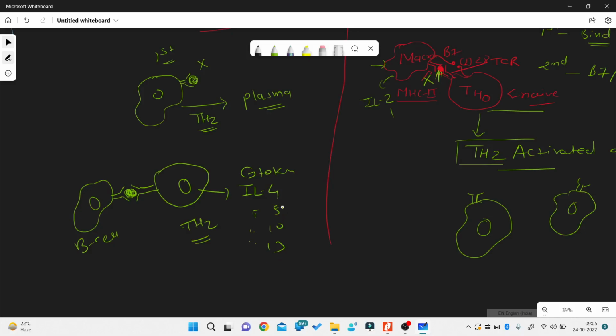And this is the key chemical requirement for this B cell to differentiate into the memory cell and the plasma cells.